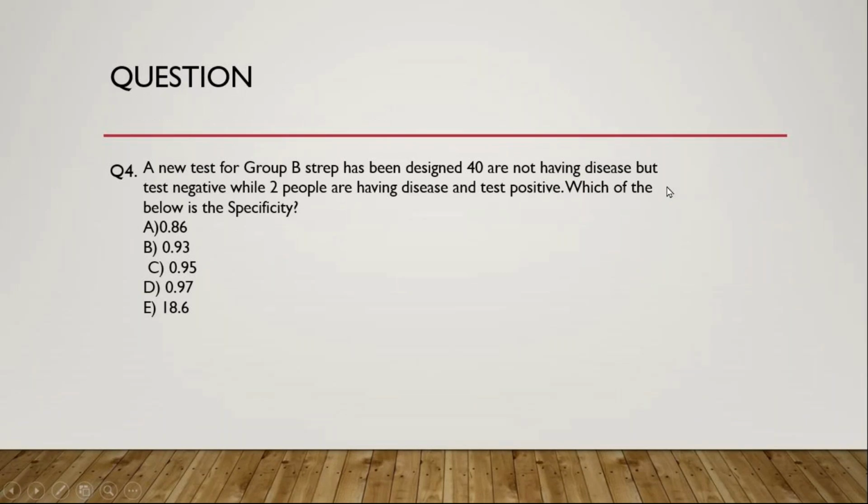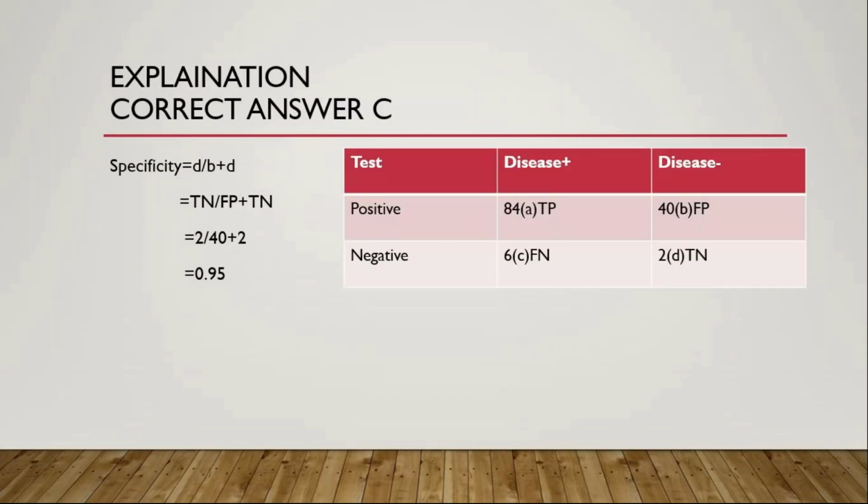In the question it is written that 40 are not having disease but test negative, so this is the false positive, and 84 people are having true positive, while 6 people are having disease positive test negative, and 2 people are having disease negative and test also negative. So it is D upon B plus D, 2 by 40 plus 2, that is equal to 0.95.